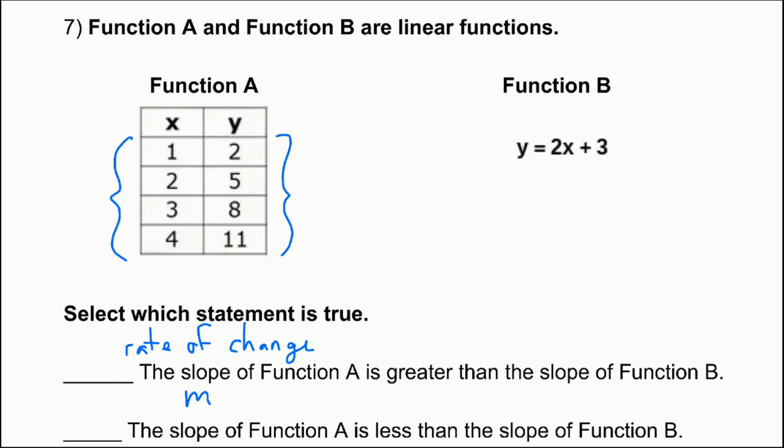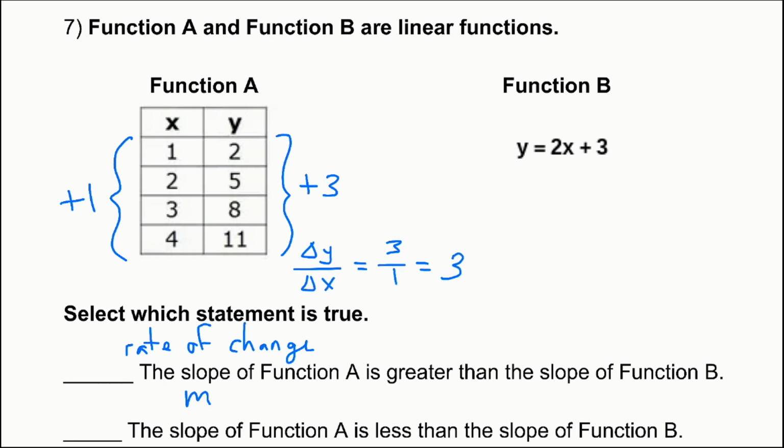This is also slope, right? It's m. This is a plus 1 here. This is plus 5, 8, 11. This is a plus 3. So our change in y over change in x to find the rate of change is 3 over 1, otherwise known as 3. So that's going to be this first one.